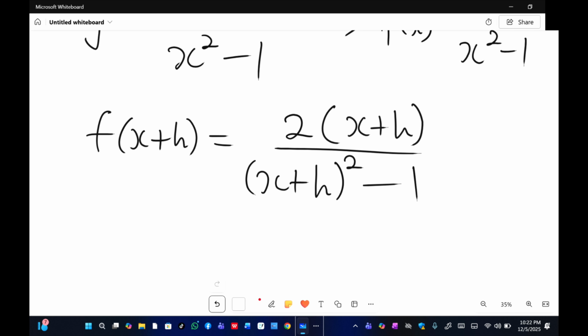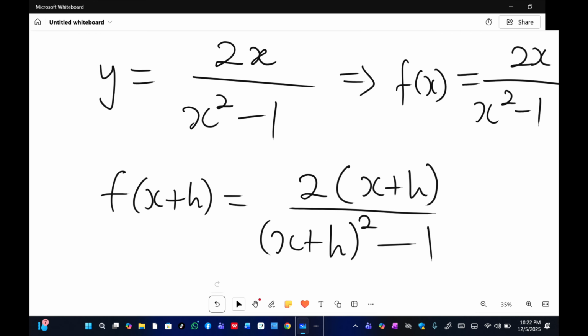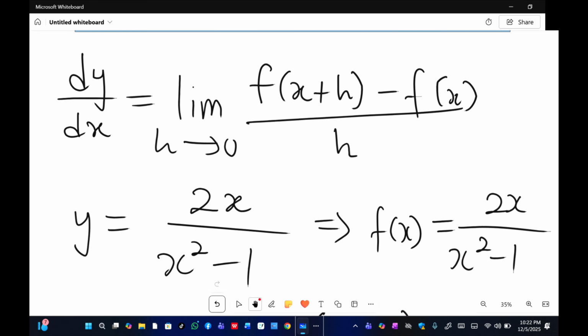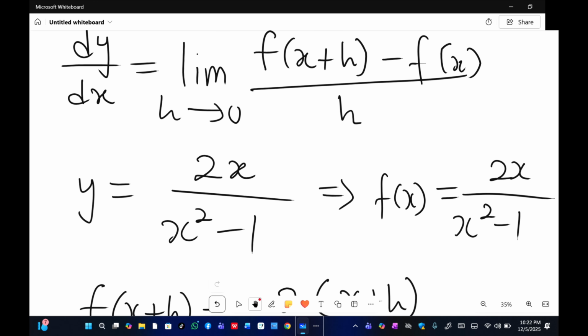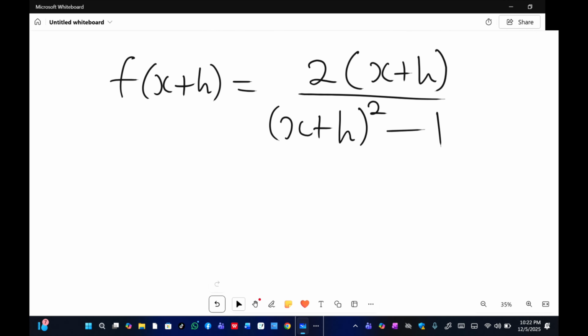Now, when you take the formula, the numerator is f of x plus h minus f of x. So let us work on that one first. We have f of x plus h minus f of x.